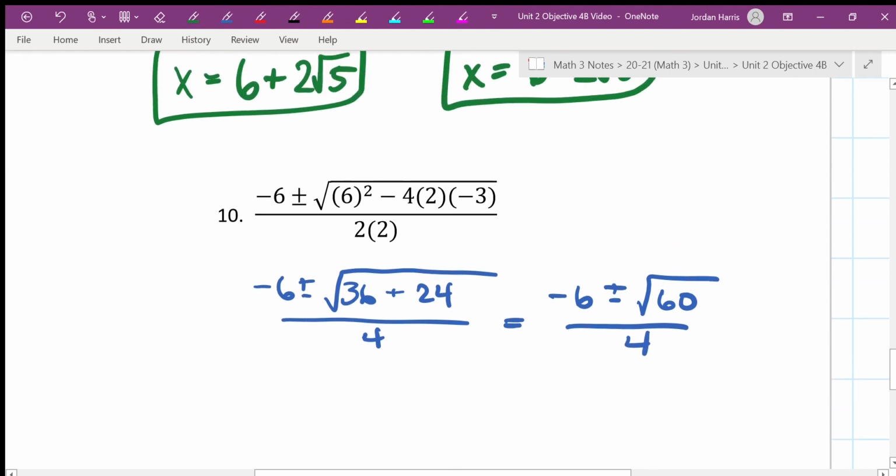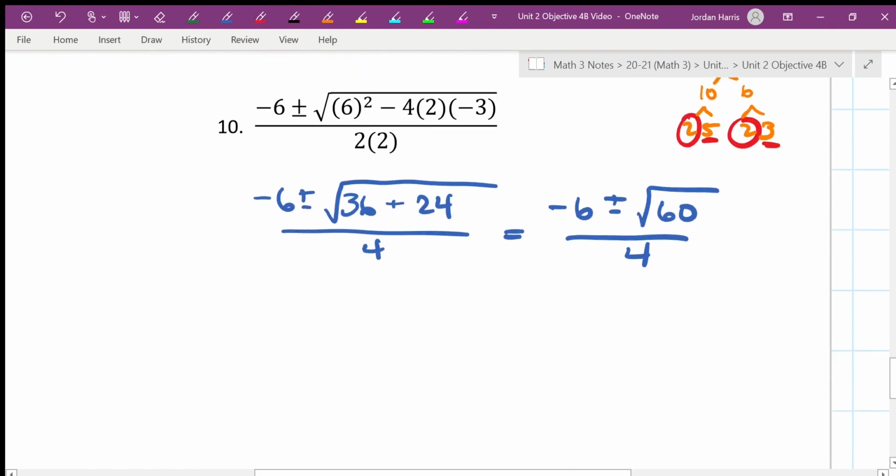We have to make our factor tree for a 60 to find the square root. So I got 10 and 6, 2 and 5, 2 and 3. So I have a pair of 2's with 15 left over. 5 times 3 makes 15. So that ends up being negative 6 plus or minus 2 square root 15 divided by 4.